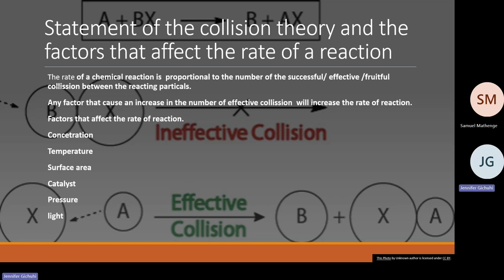The second one is temperature. We are having a reaction going on. How would varying the temperature of this reaction affect the rate of the reaction?